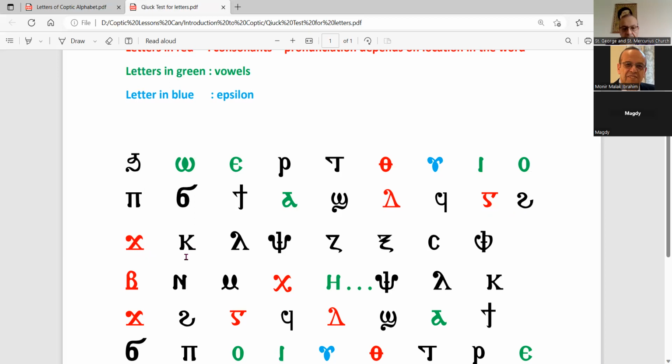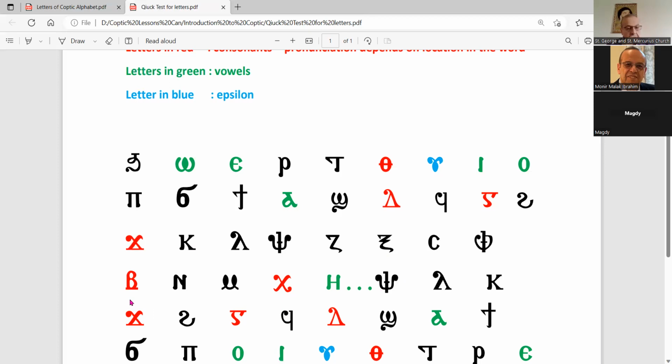Black one is kappa. Next one in black is lavla. The next one in black is epsi. Then we have the zeta and the xi. Then the sima, the phi.